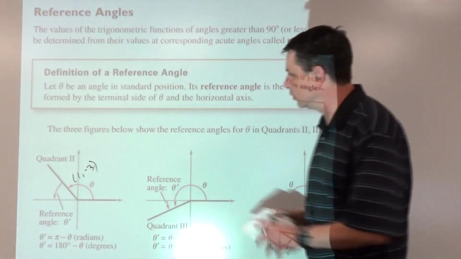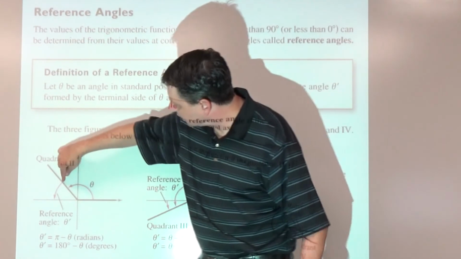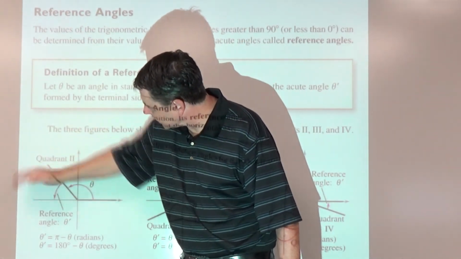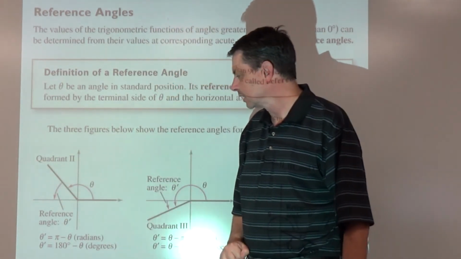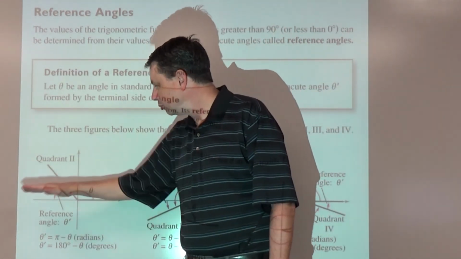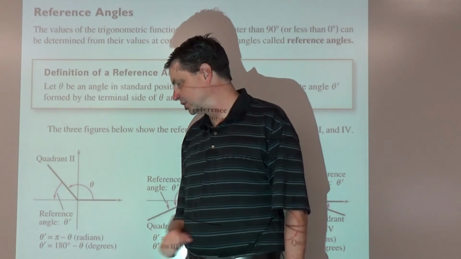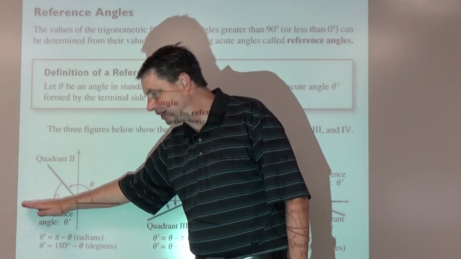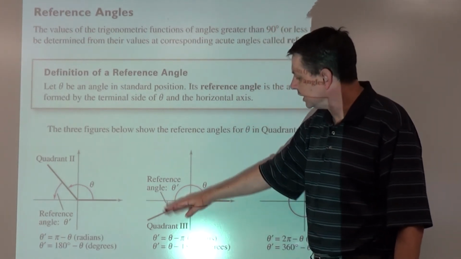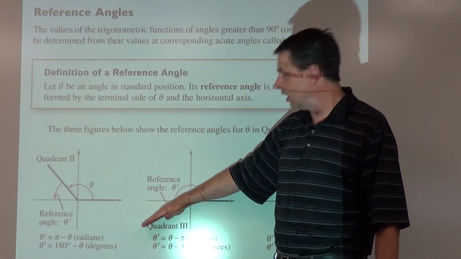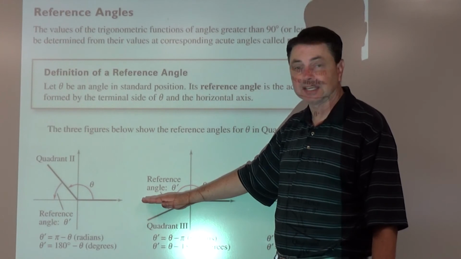So for example, if we were in quadrant 2, the fastest way to get from here to the x-axis is just to rotate here. That's the reference angle. Here's how you can find it: pi minus the original angle, or 180 degrees minus the original angle. If we're in quadrant 3, we're going to go the other way. That's the fastest way to get to the x-axis.